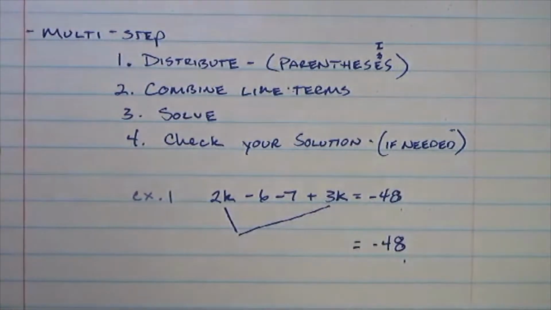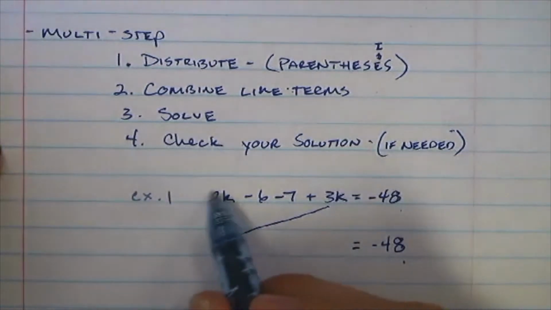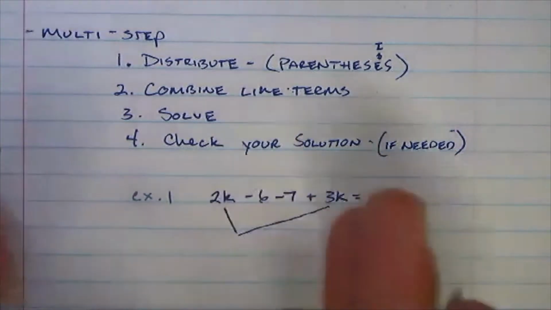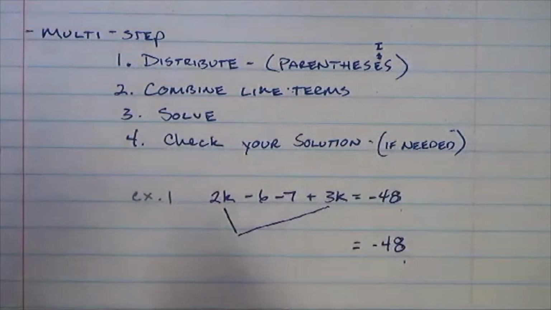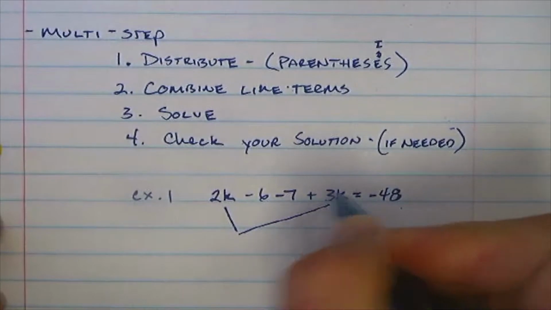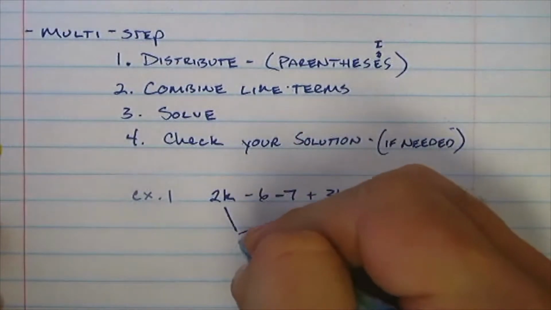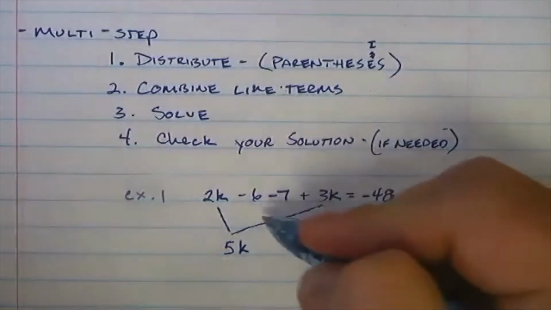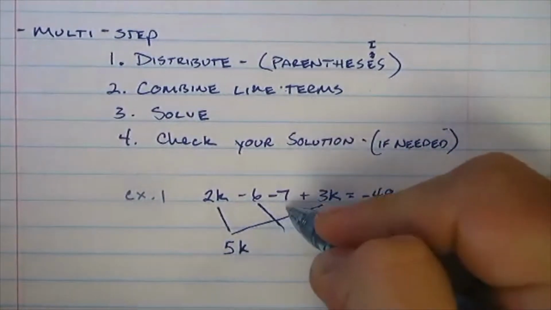Those two terms are like terms. They match in shape, so to speak. So I have a positive 2K and a positive 3K, and if I put those things together, I'm just combining them. Now we've got 5K.